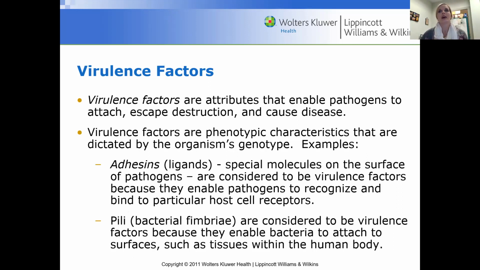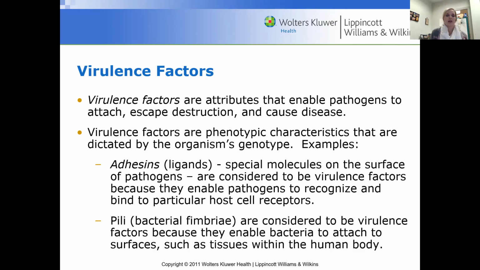So what makes a pathogen virulent? We have what are called virulence factors. I think we've talked a little bit about this; I know we did with bacteria, things like pili and capsules that bacteria possess that help them in the process of being a pathogen.